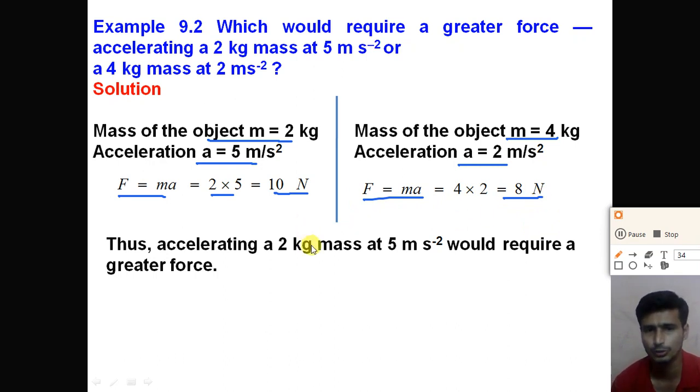Accelerating a 2 kg mass at 5 meter per second square requires a force of 10 Newton, and a 4 kg mass at 2 meter per second square requires an 8 Newton force. So accelerating a 2 kg mass at 5 meter per second square would require a greater force.